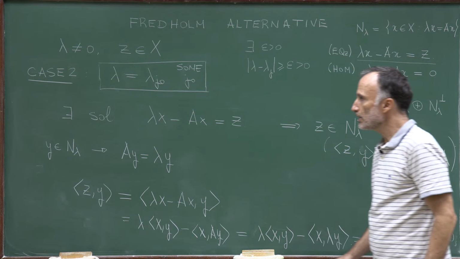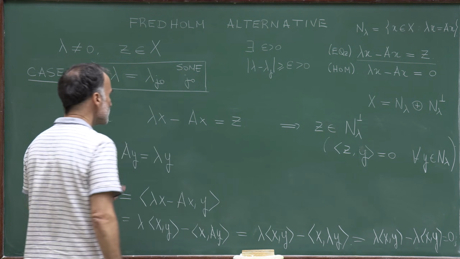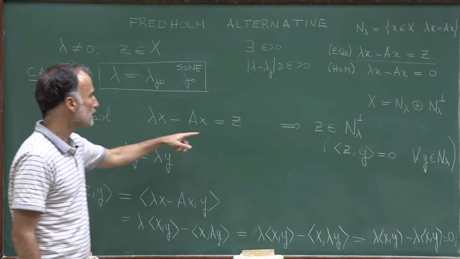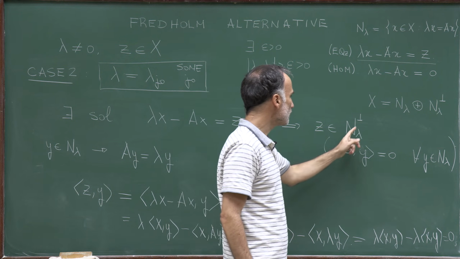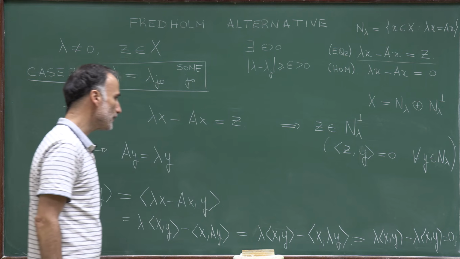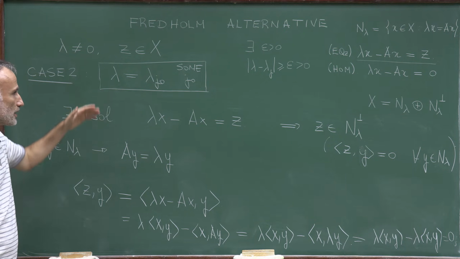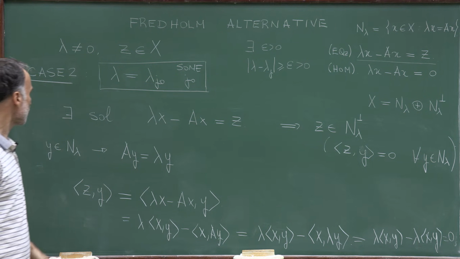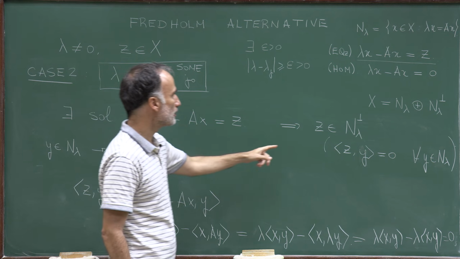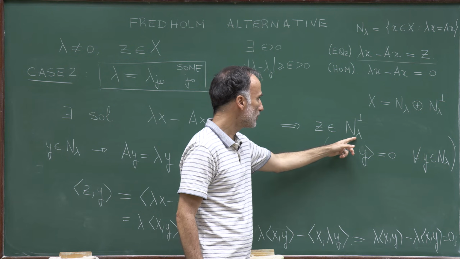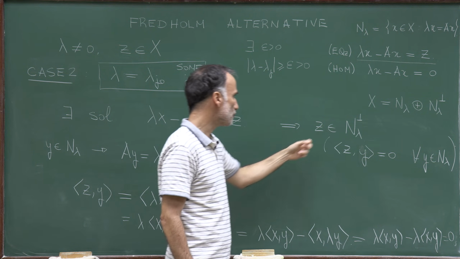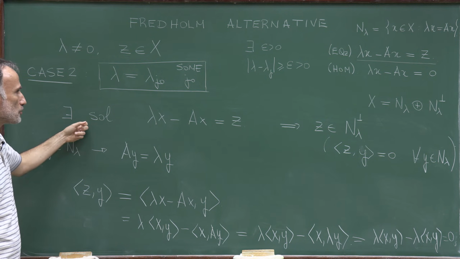So we proved that indeed, if there exists a solution to this equation, z has to be in the orthogonal of N lambda, and this completes the proof of the theorem, since if I have a solution, then z belongs to the orthogonal of the null space, and if z belongs to the orthogonal of the null space, I have a solution.